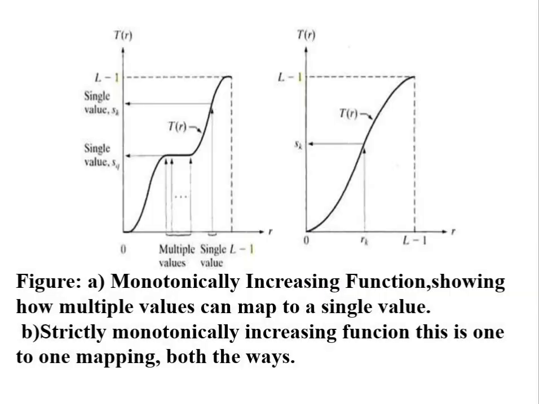Let us consider s equals T of r, where r lies from 0 to L minus 1, that produces an output intensity level s for every pixel in the input image having intensity r.